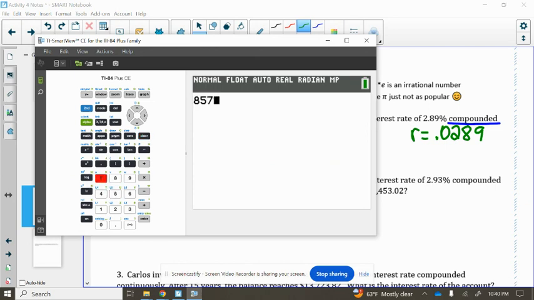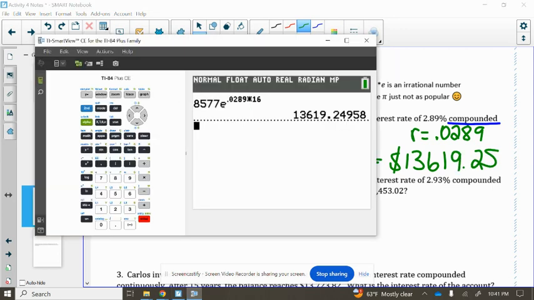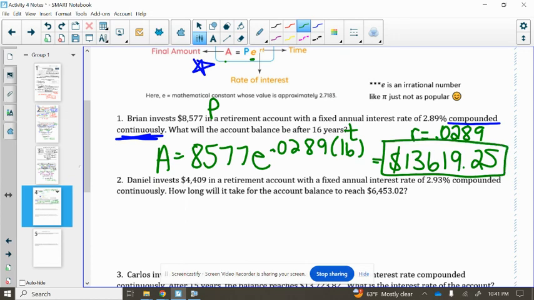Starting value, and then second ln is going to give us e to the power, or you could have done just second division sign to get the e and then raise it yourself to the power, but 0.0289 times 16. And we see that you would have about $13,000 on that one. $13,619 and then 25 cents if we round to the nearest hundredth for the cents, right?